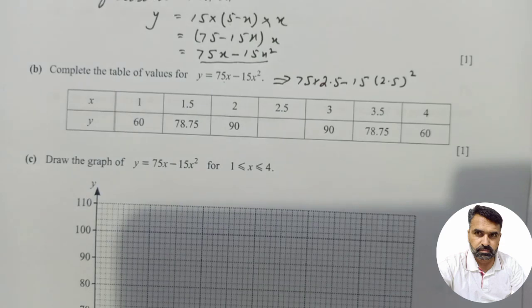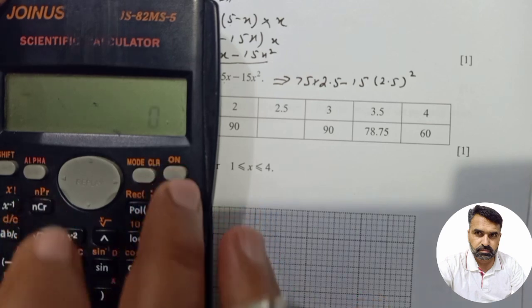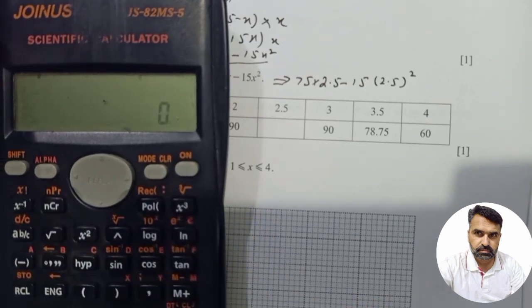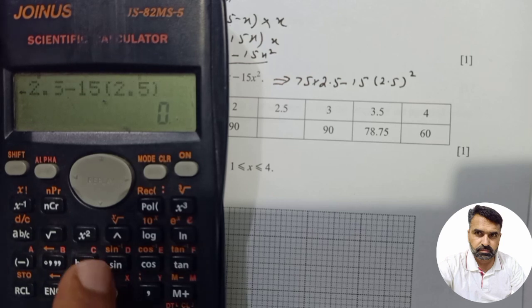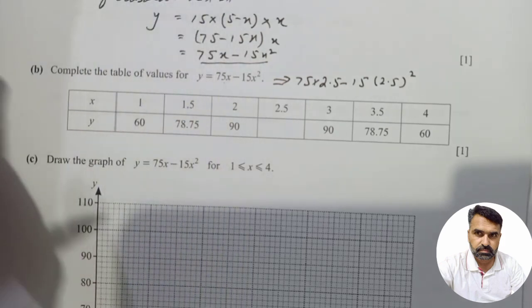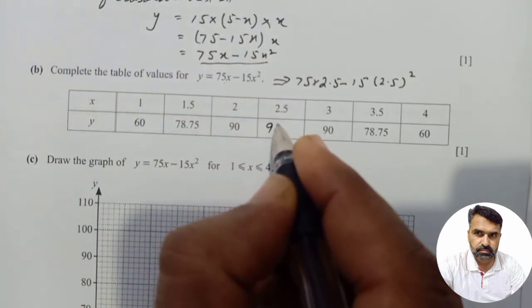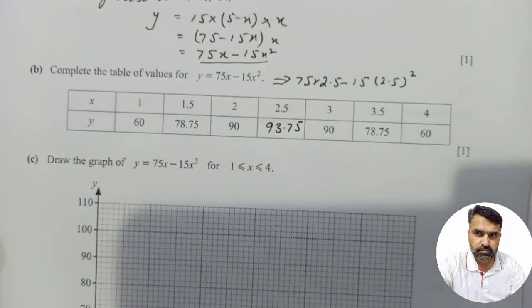Students, use the calculator to find the value, and I will write it as 75 multiplied by 2.5 minus 15 into 2.5 square, and the answer is 93.75. 93.75 is the value of y when x is 2.5.